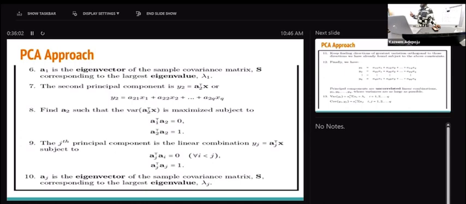We need to figure out the eigenvector. And if I want to figure out the eigenvector, I need my sample covariance matrix or my correlation matrix. And let me tell you this. We're going to have eigenvectors. We're going to have eigenvalues.